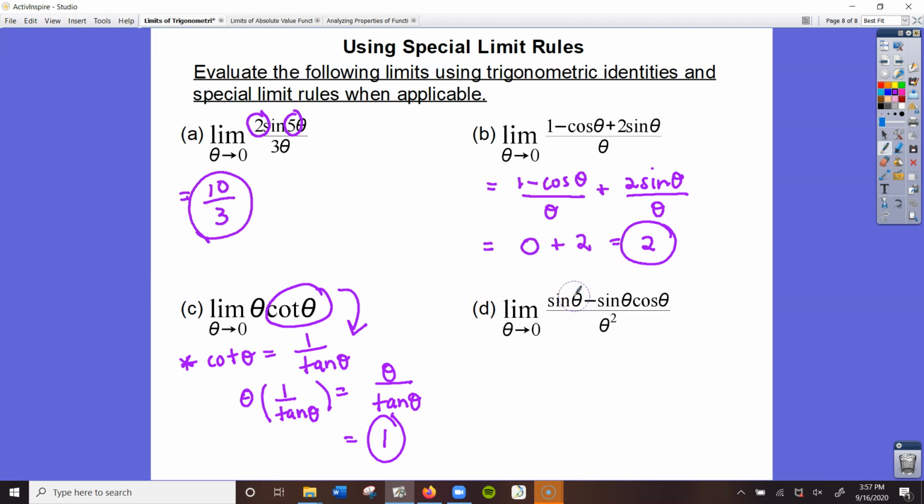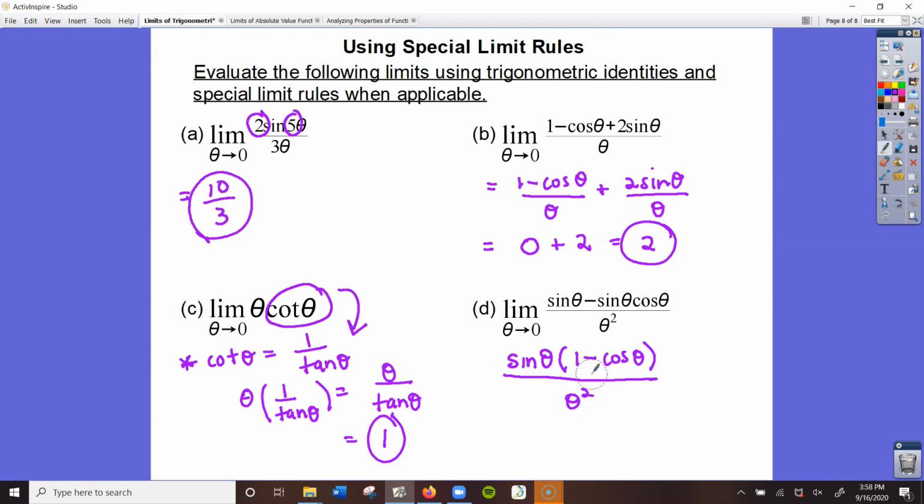Like for this numerator, I noticed that both the first term and this second term have a sine in common. So I'm going to factor out sine of theta from both terms, leaving me with 1 minus cosine theta. Then the denominator is theta squared.